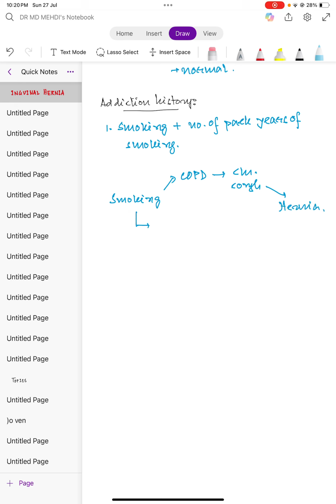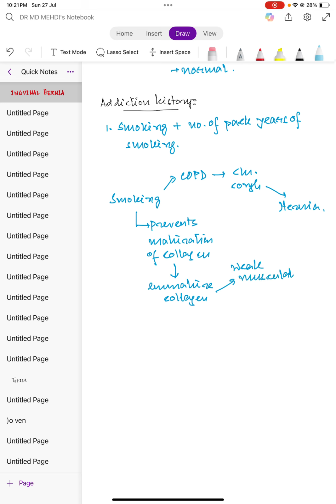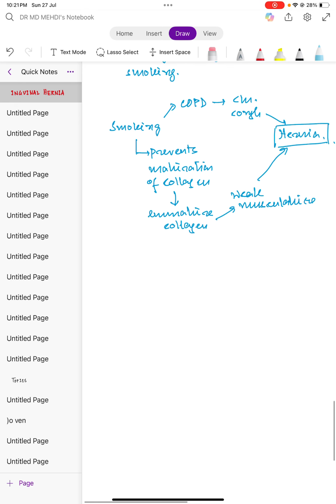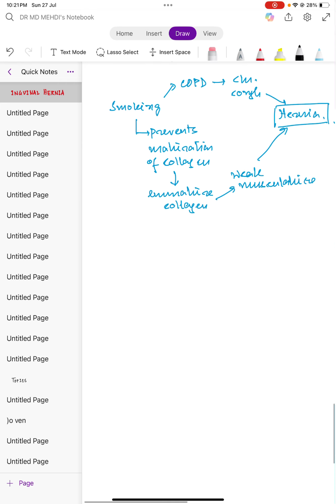Secondly, smoking prevents maturation of collagen. So there will be immature collagen. This will produce weak musculature. Together they cause hernia. Okay. Now after personal history, we are going to examination.